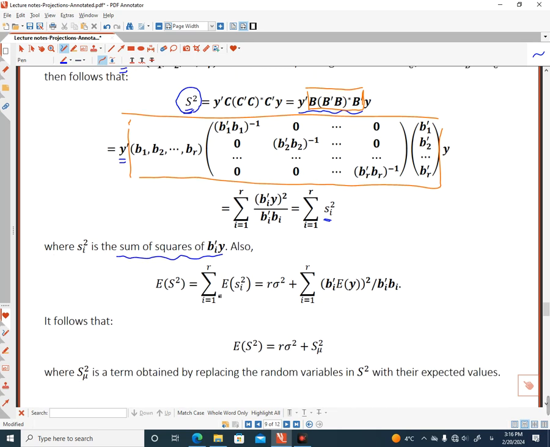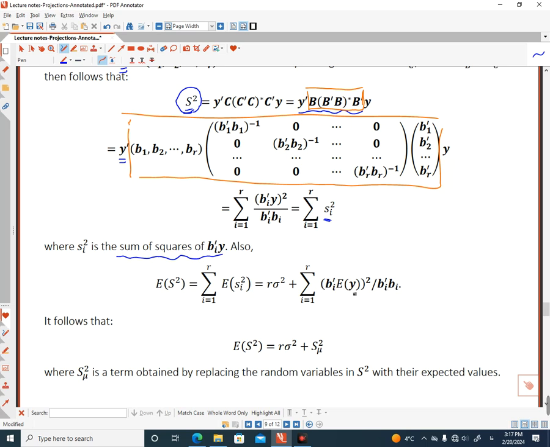And simply, if you take the expected value of S squared, based on the linear properties of expected value, you can write the expected value of each s_i squared, once again, as the variance of s_i plus the expected value of s_i to the power 2. So I can simply get this formula.